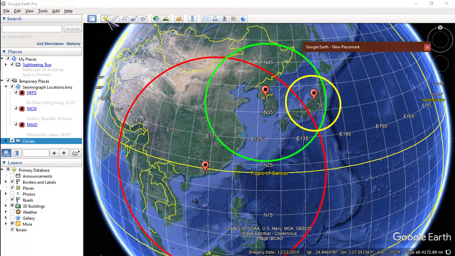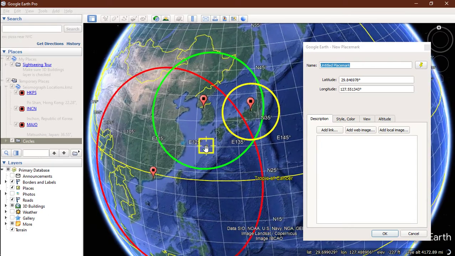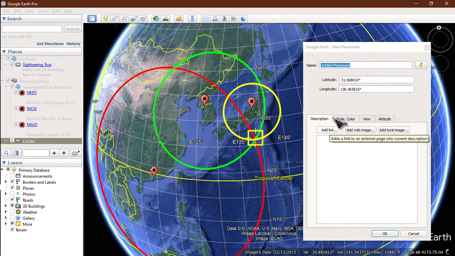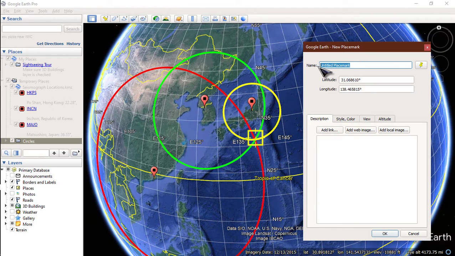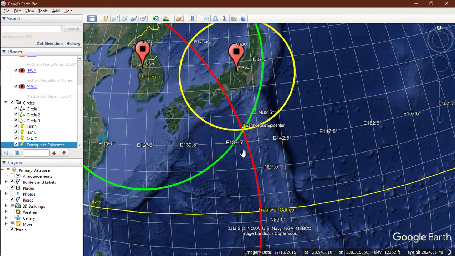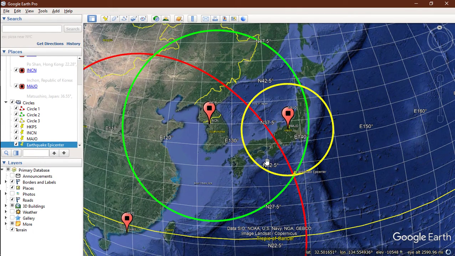I figured that the origin, or the epicenter of the earthquake, was about here-ish. And then, as you see here, I placed a marker and I created a screenshot of the file, and I will upload the file when I upload this video.